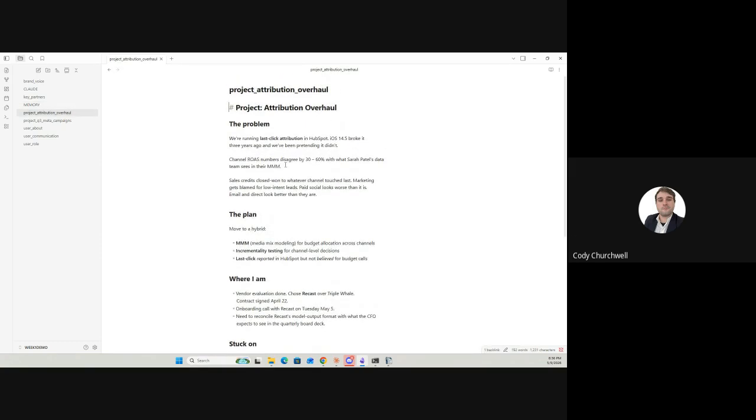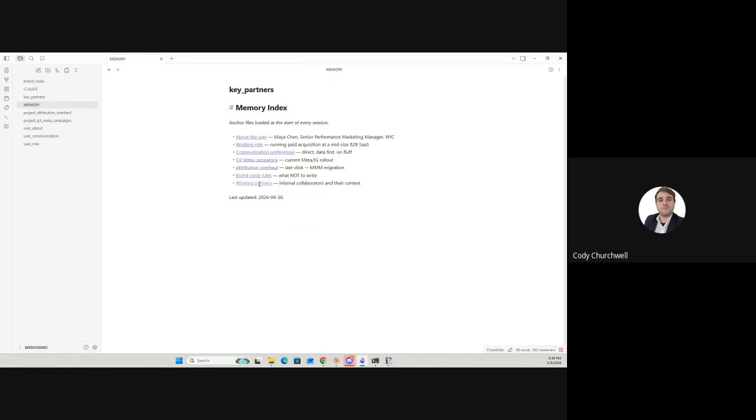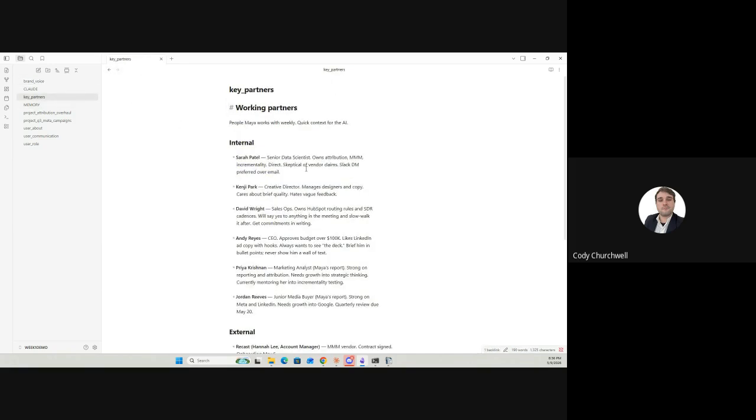Attribution overhaul, which is one of my favorite ones. Brand voice rules, which becomes very important when creating employee subagents. It restricts them and allows them to do specific roles, along with working partners and their relationship to those working partners, so that if an email or anything needed to be responded to, they could usually respond in the voice that the user was most familiar with.